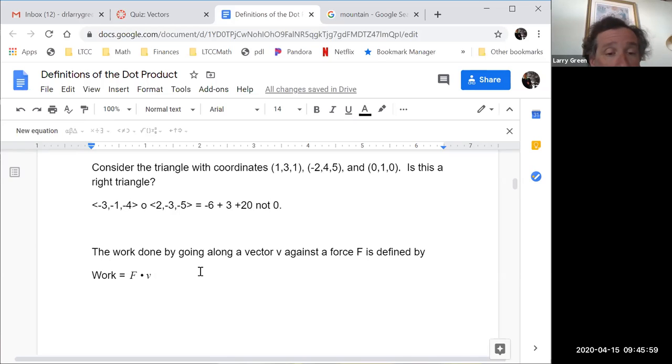A vector means going from one position to another. I'm thinking of a vector as two points, the tail and the head, going from the tail to the head along a constant force. By the way, any guess on what you'd have to do if the force is not constant?